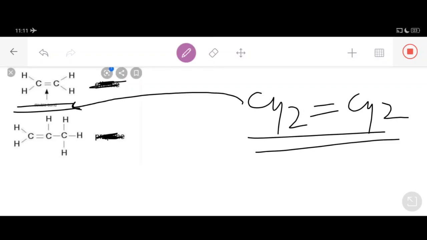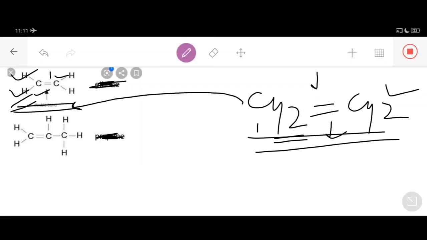First, just see, does this condensed formula resemble the open structure? Yes, absolutely. Here is carbon, two hydrogen atoms, another carbon. In between the two carbons, we have a double bond, a double bonded compound. And another carbon, then two hydrogen atoms. So that means this compound is the same.